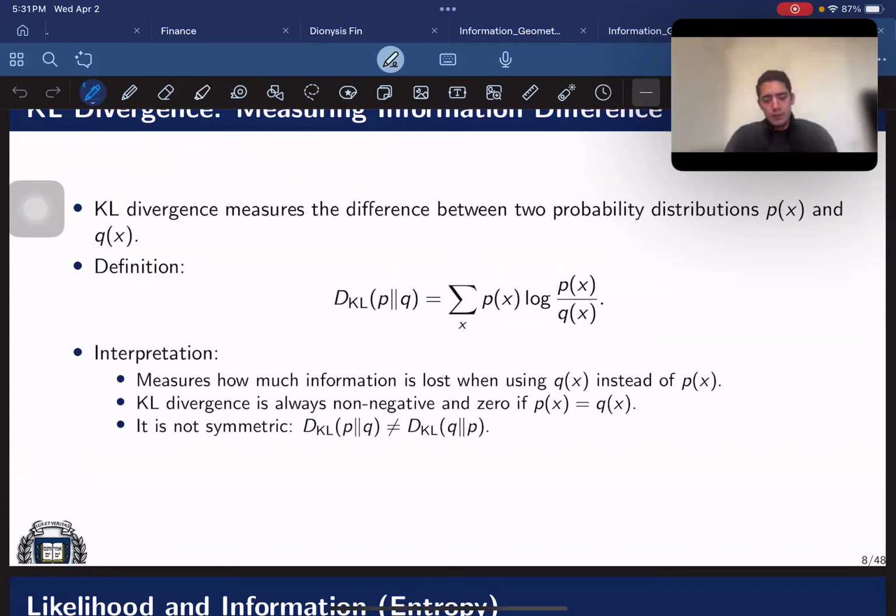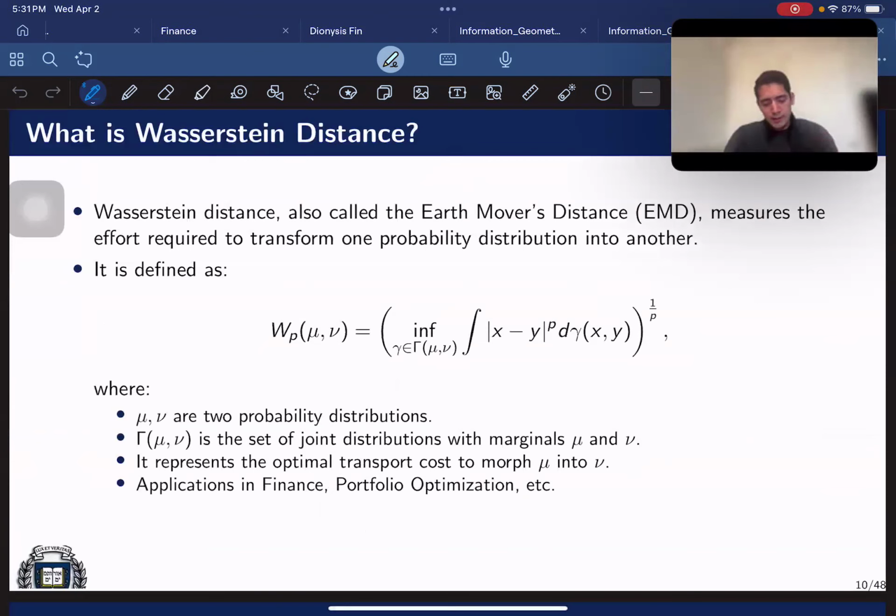Also, we discussed the second kind of distance we could go with, Wasserstein distance, and what is the relationship between KL divergence geometry and the Wasserstein distance geometry.